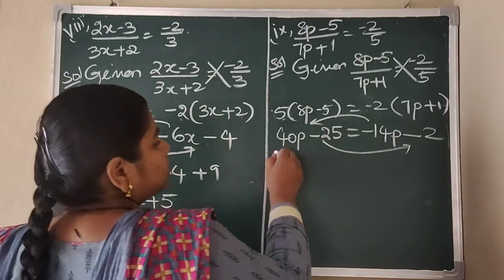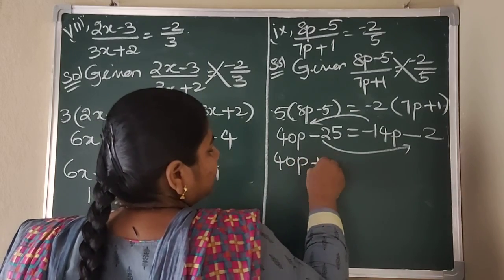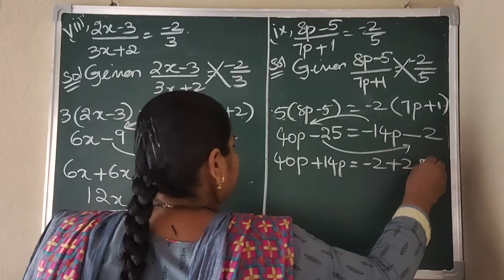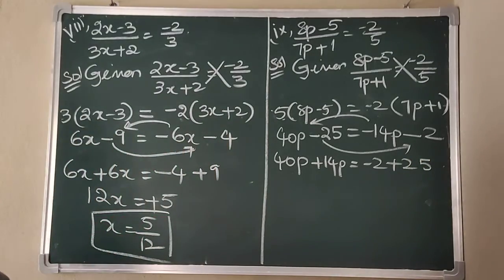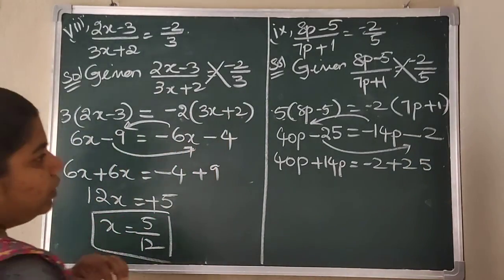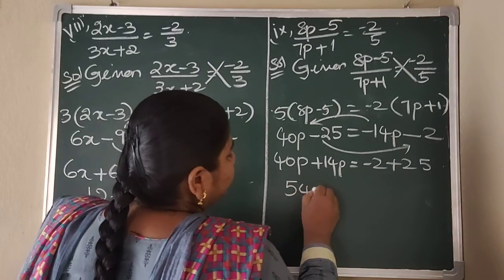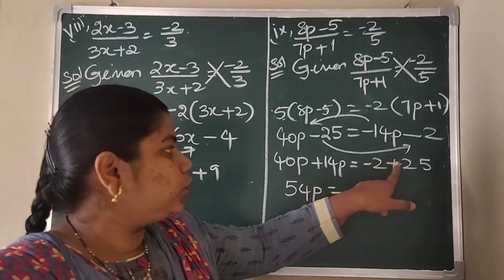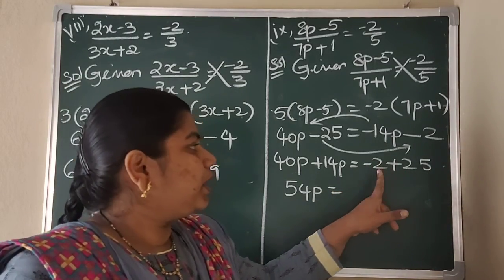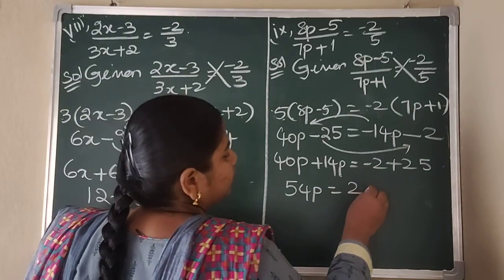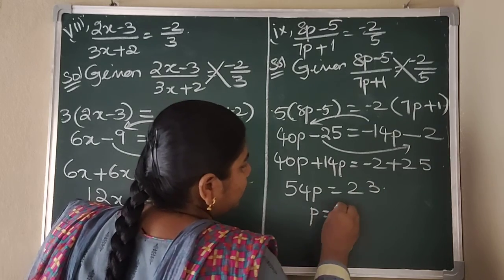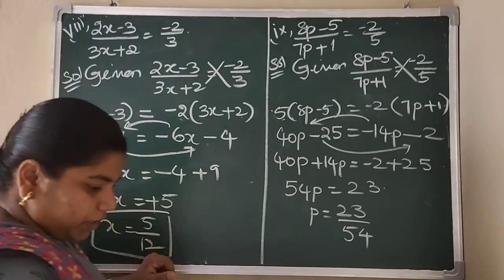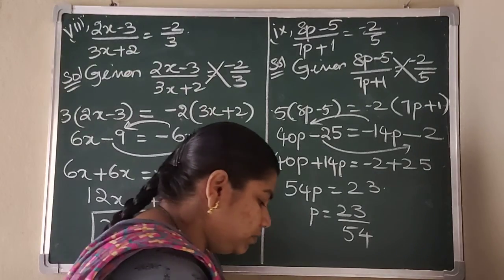So it is 40p plus 14p is equal to minus 2 plus 25. 40 plus 14 will be 54p is equal to 25 minus 2, which is 23. So p will be equal to 23 by 54. So this is our answer.